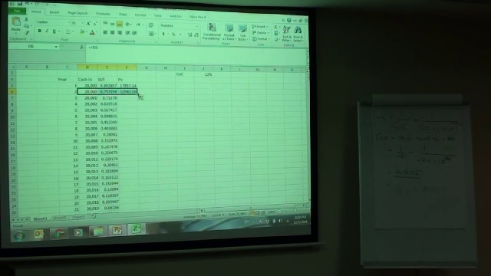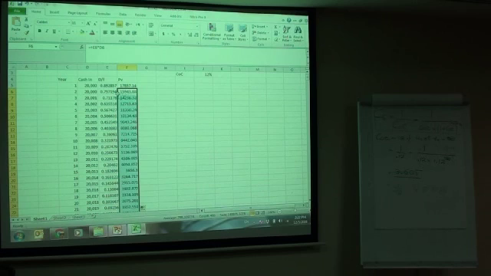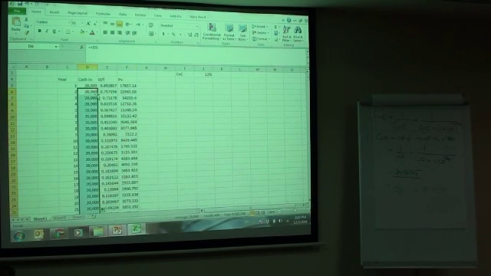The 20,000 you have to do separately. The column F you will have to do separately now. Right, now 20,000 separately. Right, sorted.